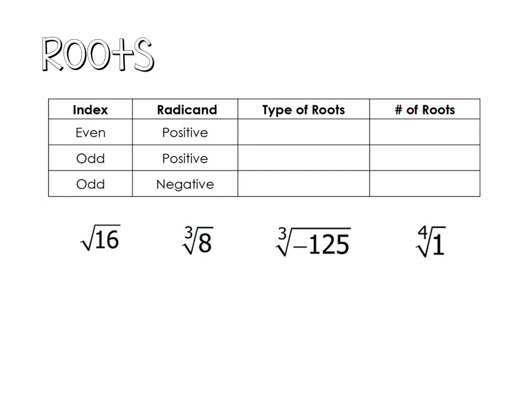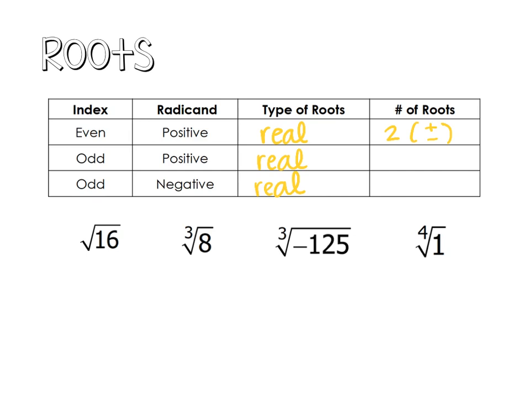Now we're just going to have a quick little lesson on roots and the number of roots. So all of these examples will have real roots. We're not dealing with any imaginary numbers yet. So if the index is even and the radicand is positive, so if the number outside the radical is even and the number under the radical is positive, then there's going to be 2 roots, a positive root and a negative root.